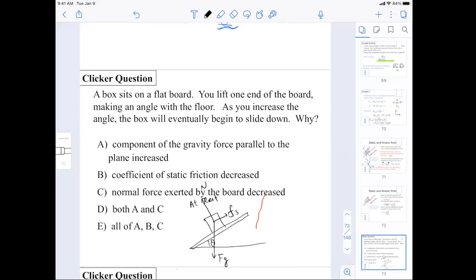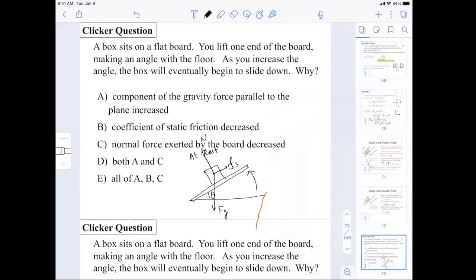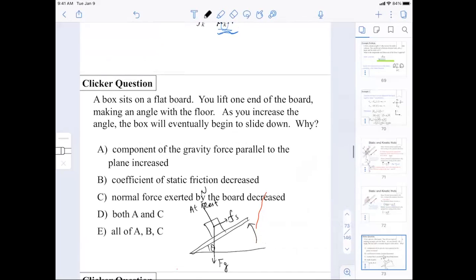You also know that there is a maximum amount of friction it can provide. So you can see as you lift this up, in order to prevent it from slipping, the friction that you need is getting more and more, increasing more and more, because it needs to balance out the component of gravity.